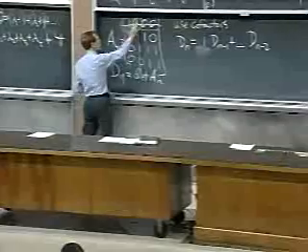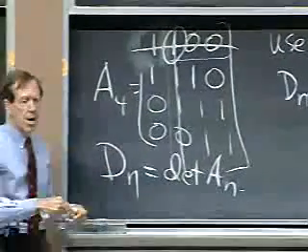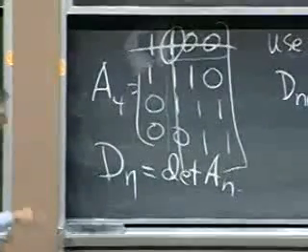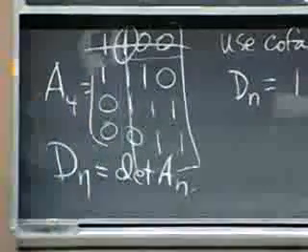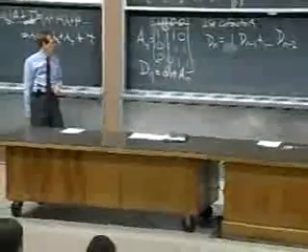The 1, 2 cofactor is that determinant with its sign changed. Okay, so I have to look at that determinant and remember in my head a sign is going to get changed. Now how do I do that determinant?